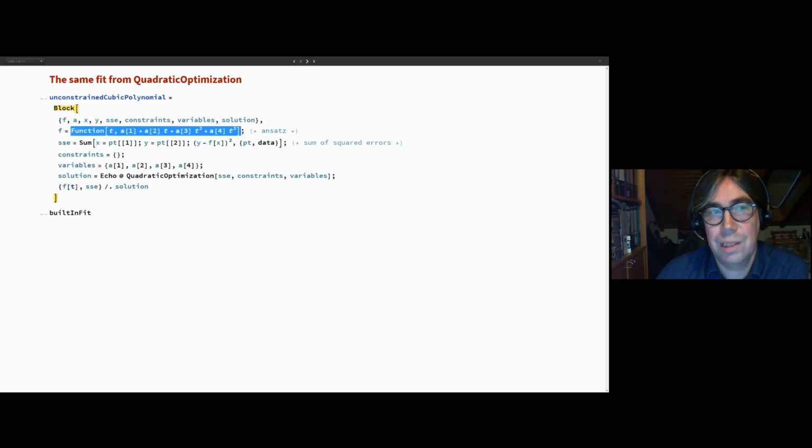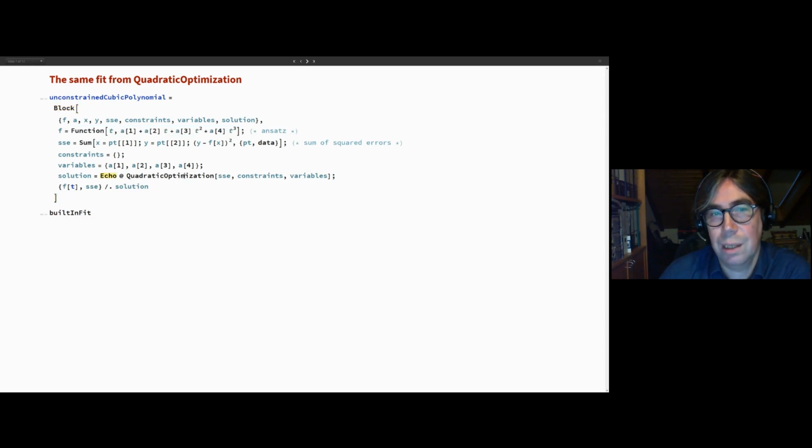Then we have the sum of squared errors as an objective. So we sum over all the points, call the first coordinate x and the second y, and evaluate (y minus f of x) squared. We don't have any constraints in this first example. And the variables which we want to find in the end are the polynomial coefficients a1 to a4.